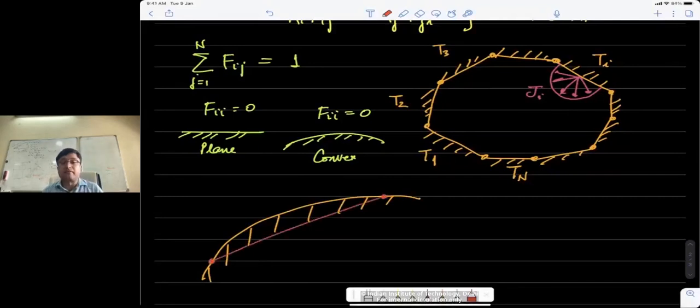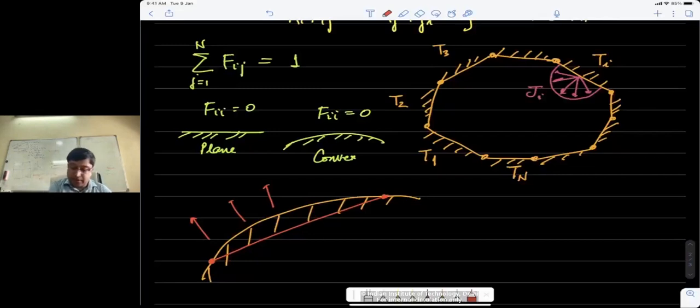If the line joining these 2 points does not lie on the side where radiation exchange is taking place, the side on which radiation is supposed to go out, that basically means that Fii will be 0. These 2 points don't see each other, so Fii will be 0. That is the reason that for a plane as well, Fii is 0. It is one of those limiting cases where the radiation just glances over and does not even hit that point. So it's a limiting case.